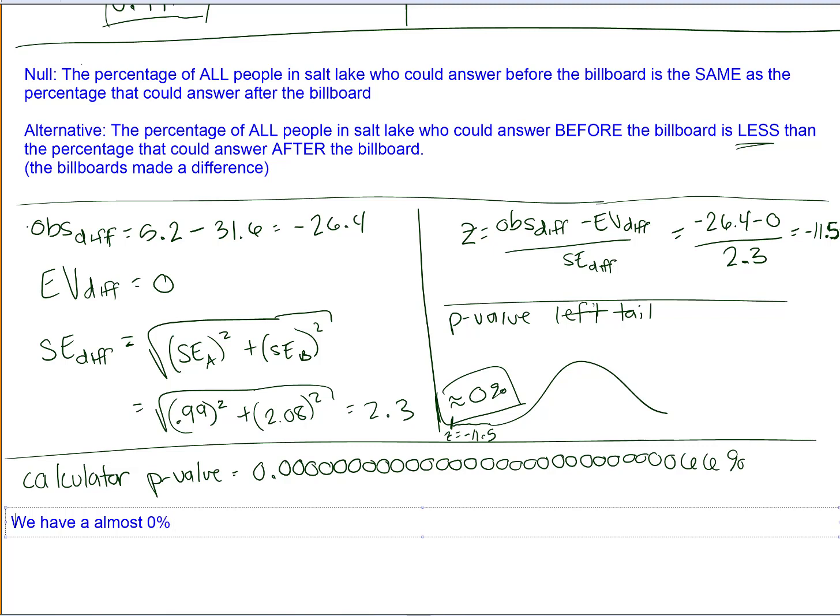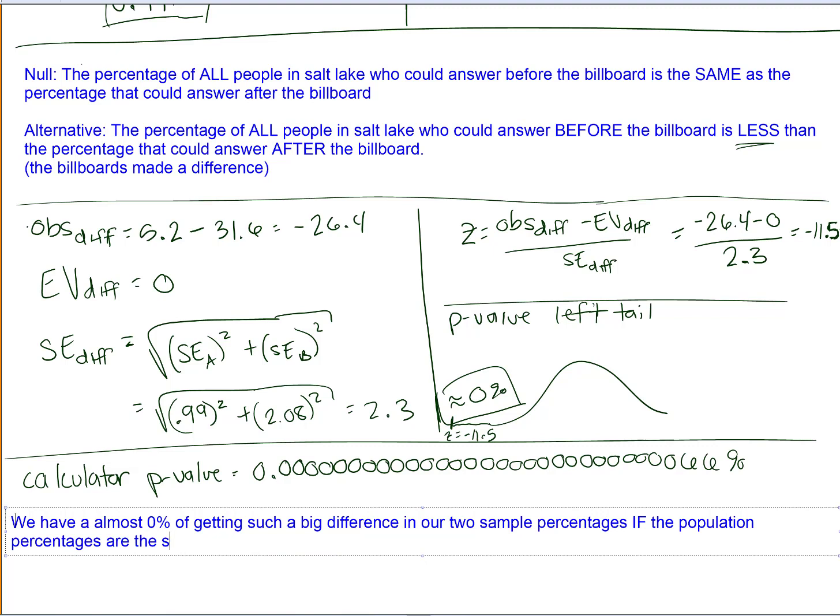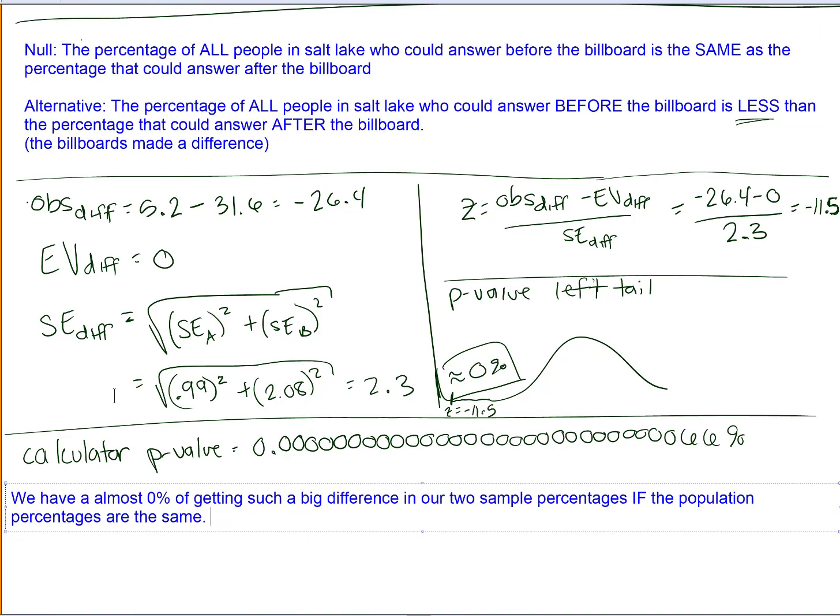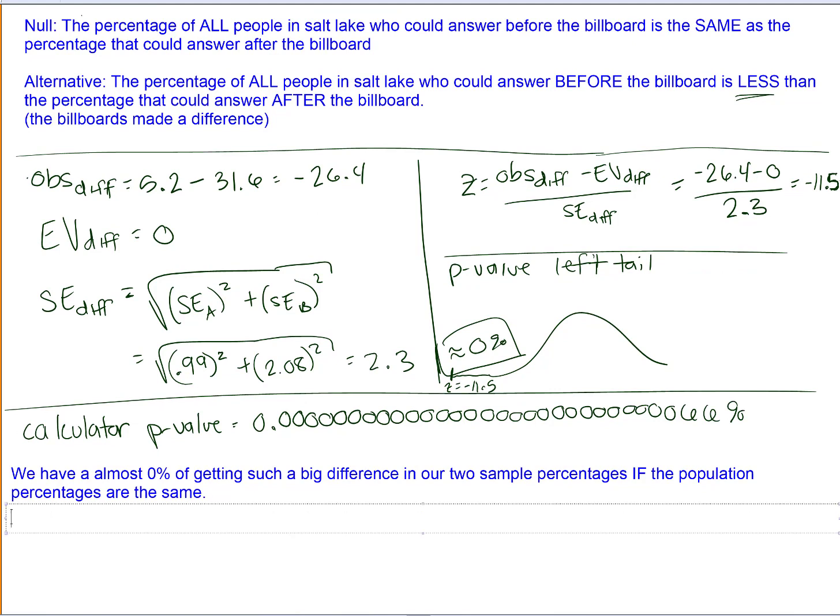We have an almost 0% chance of getting such a big difference in our two sample percentages if the population percentages are the same. Or in our specific situation, if the billboard really didn't do anything, we'd have an almost 0% chance of seeing such a big difference in those two sample percentages of before and after. So I'm going to guess here that my null hypothesis is not plausible.